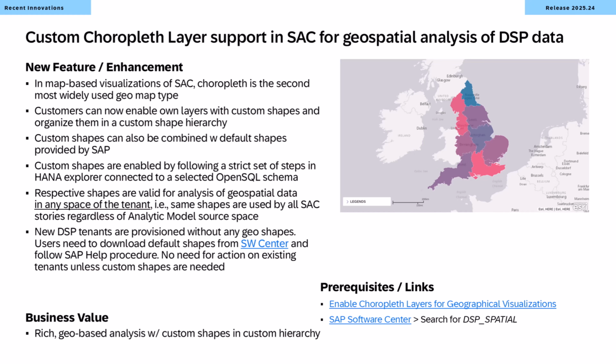These shapes are also valid for analysis of geospatial data in any space of the tenant. That means the same shapes will be used by all the SAC stories, regardless of where the analytic model resides. It could reside in my space, and somebody else who's a user on the same tenant could also use it.